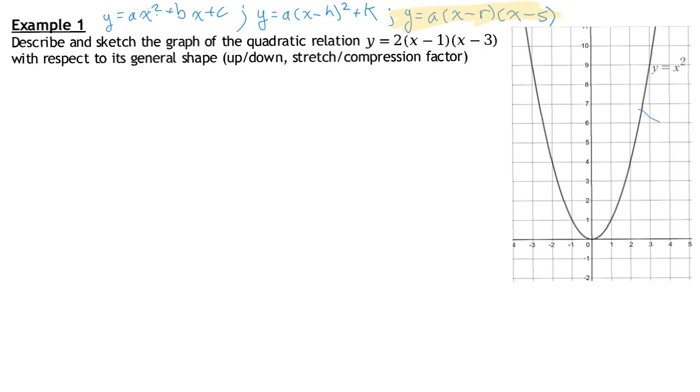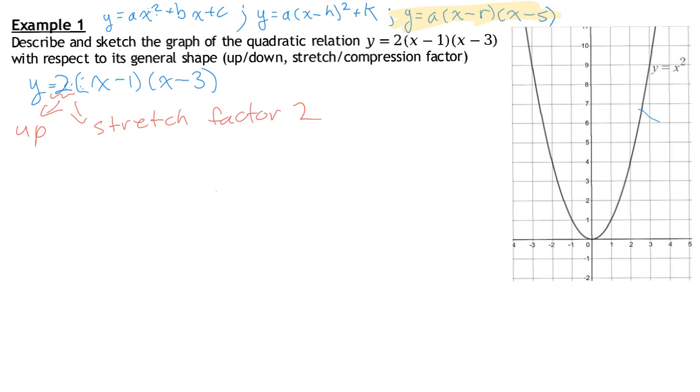So if I'm looking at my basic equation here, what this equation tells us right off the bat is whether it opens up or down or whether it's stretched. Based on the 2 in this equation, this parabola opens up, and the 2 also, because it's greater than 1, tells us that our graph has a stretch factor of 2.